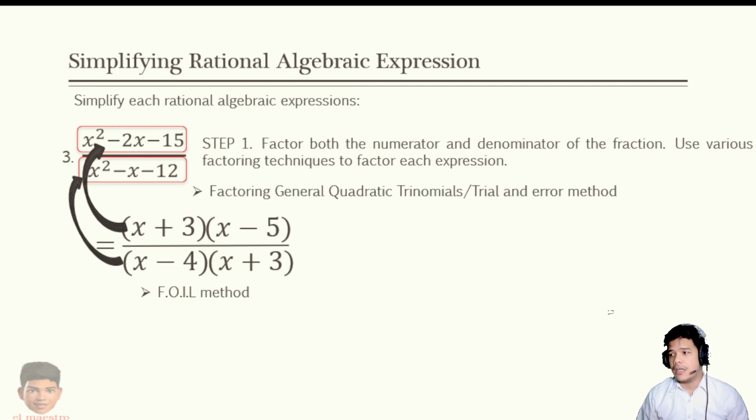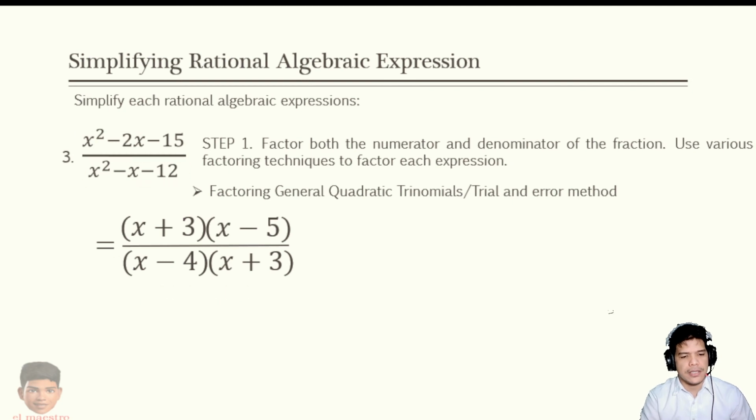So, you check, you try. If tama ba, you multiply x plus 3 and x minus 5, kung babalik ba siya sa x squared minus 2x minus 15. So, ganun lang. To check if tama yung factor mo, you multiply it again kung babalik sa original. Kung saan mo finactor. Okay?